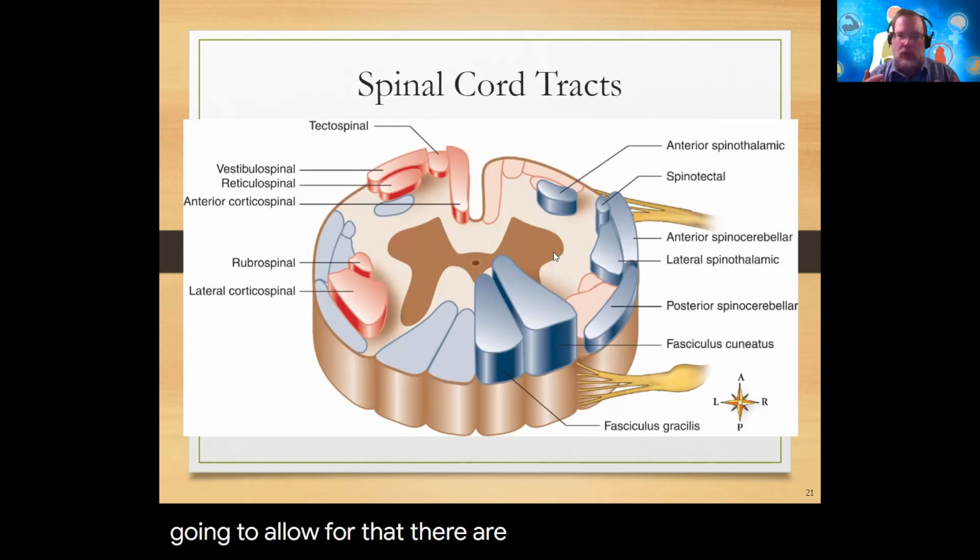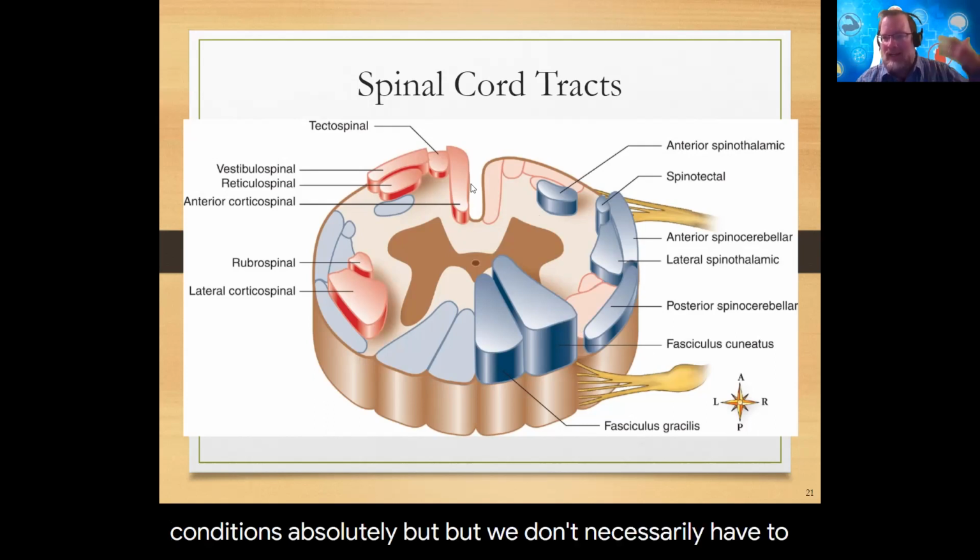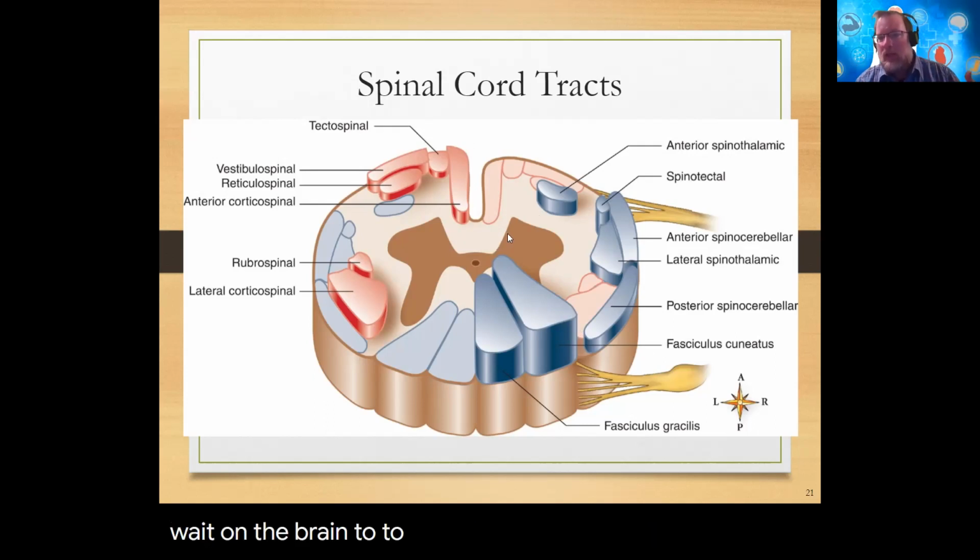They're a bridge to avoid having to use the elevator exclusively to get the brain involved. Now, is sensory going to go to the brain under those conditions? Absolutely, but we don't necessarily have to wait on the brain to tell the motor neurons what to do. We have an interneuron that can enable that to happen.